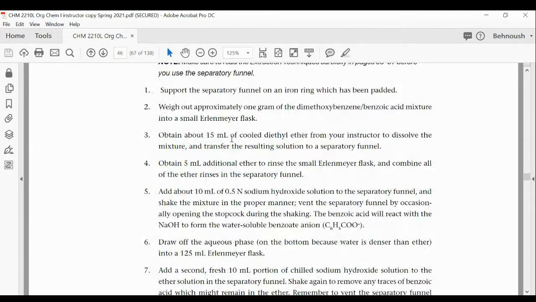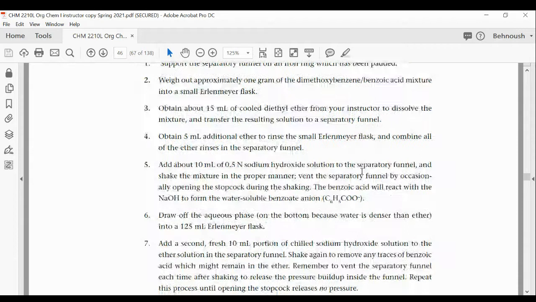You are going to dissolve it with 50 milliliters of diethyl ether. And then step 4 is asking to add 5 additional milliliters of the ether. What's the purpose of using that 5 additional milliliters? Can't I just use 15 or 20 to begin with?